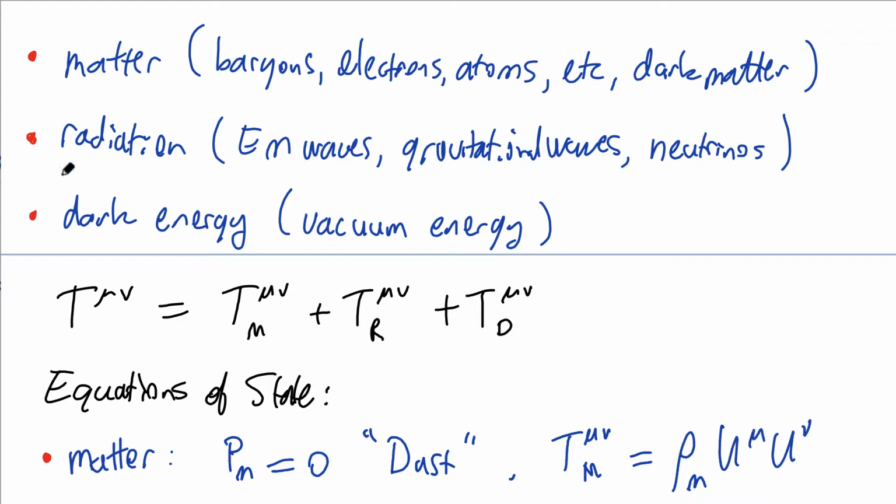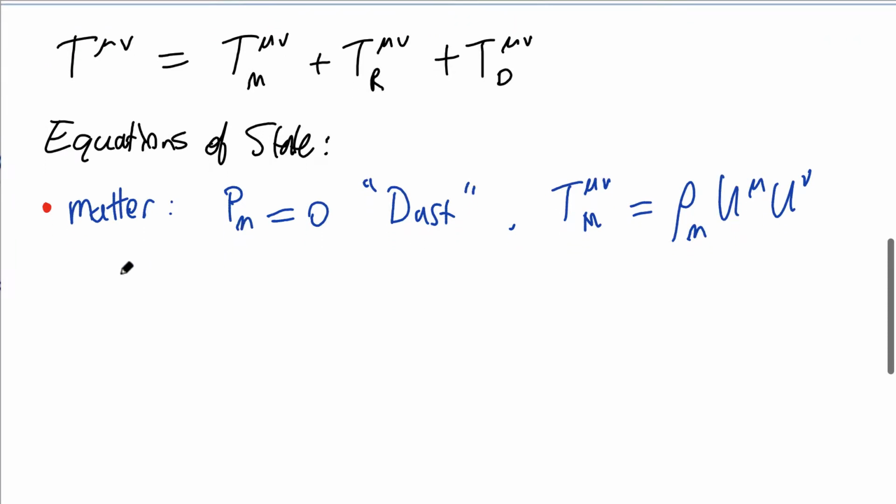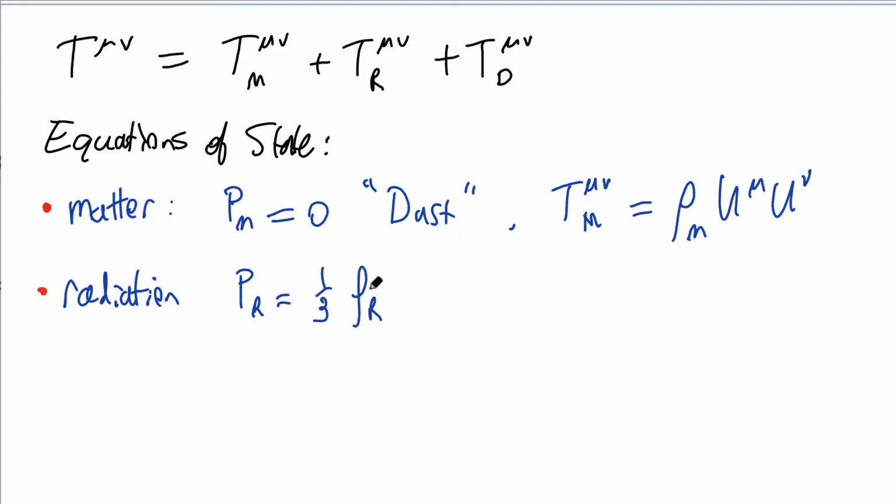Now for the radiation component, we'll take the pressure of the radiation to be 1/3 times the density of radiation. And this result comes from an analysis of black body radiation. I don't want to go through that analysis here, but we'll just accept this as the equation of state that's appropriate for radiation.